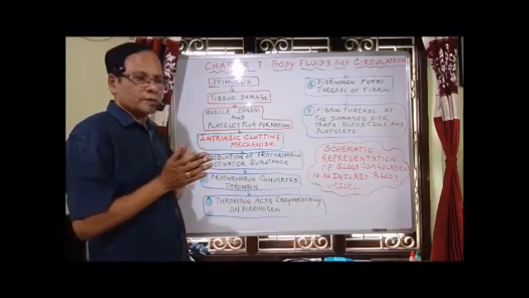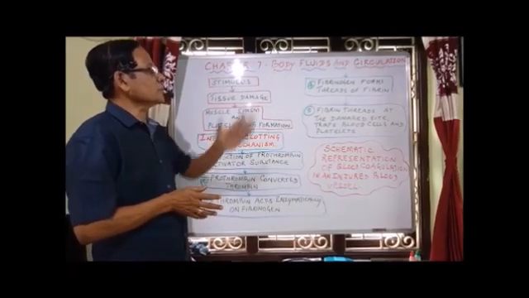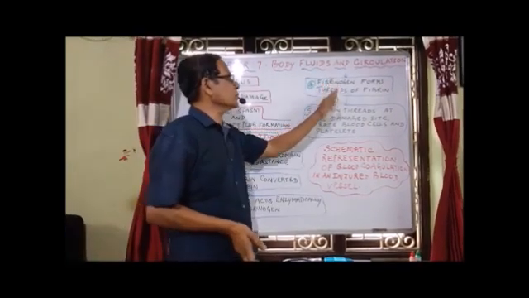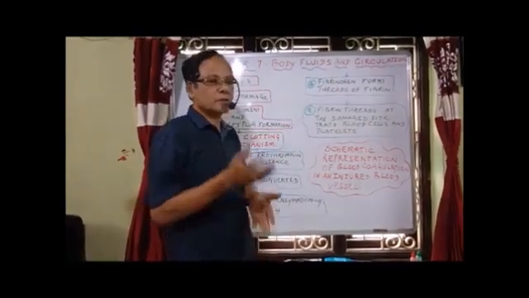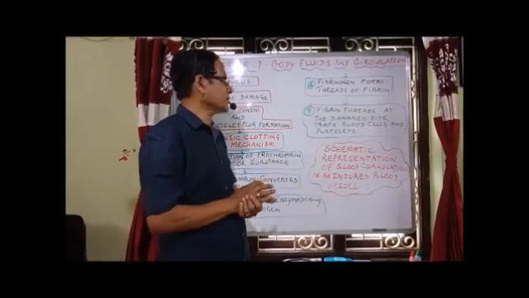Now thrombin acts enzymatically on fibrinogen, converting fibrinogen into fibrin threads. This is because of the activity of thrombin, which acts as a proteolytic enzyme.